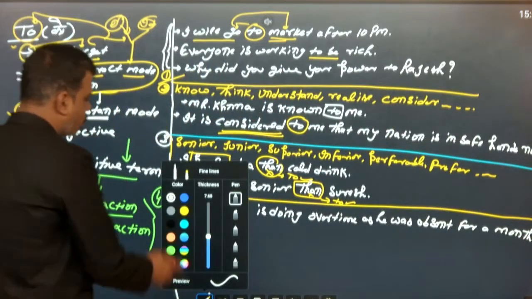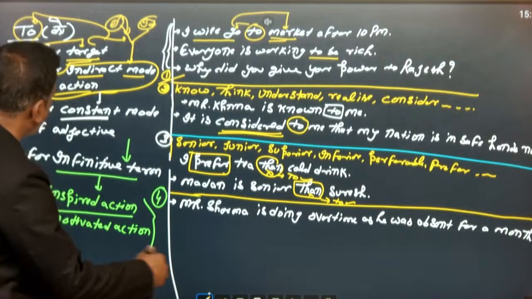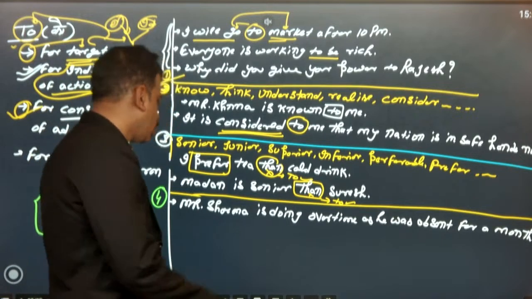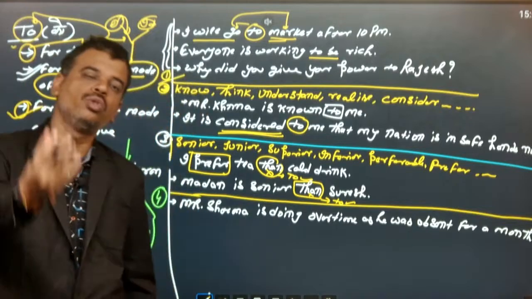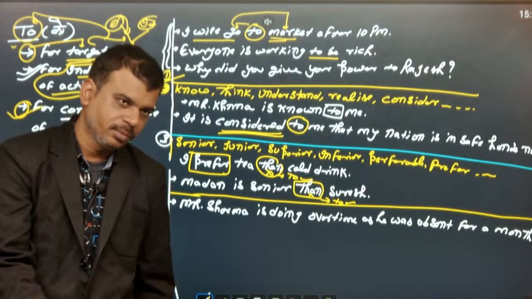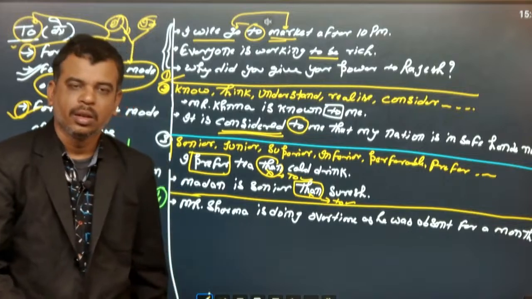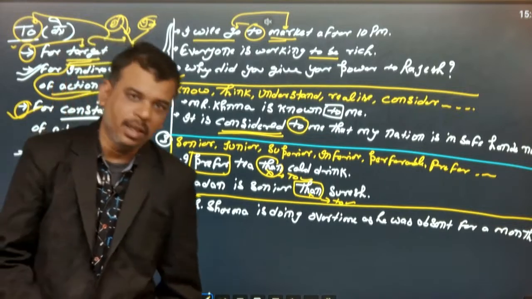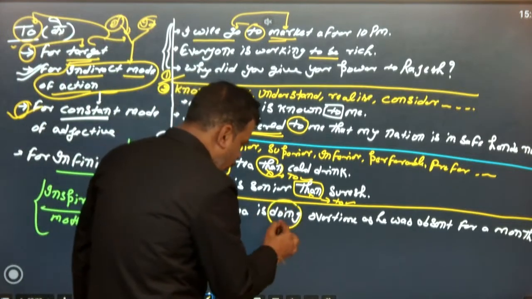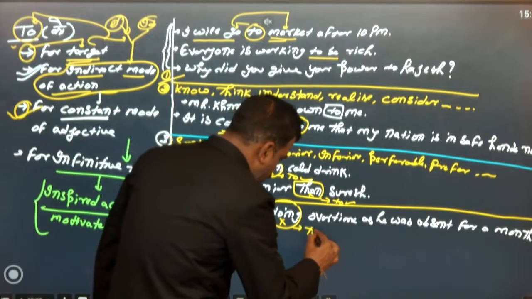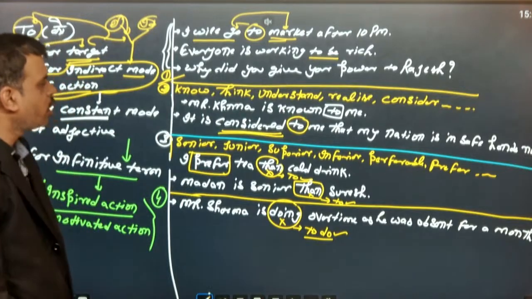So Sharma ji was absent for a month, and because of this absence Sharma ji is not doing overtime by choice; he has to do overtime. It means Mr. Sharma is bound to do the overtime. So whatever he is doing is not done by will, it is done by being compelled. So this is the wrong condition and we will use it like this: Mr. Sharma is to do overtime, as he was absent for a month.